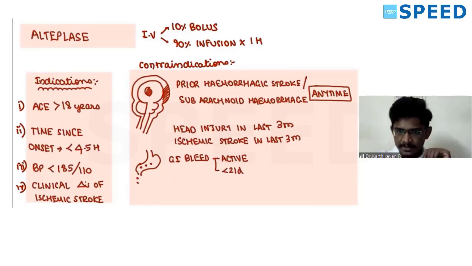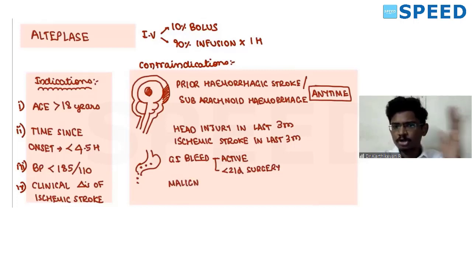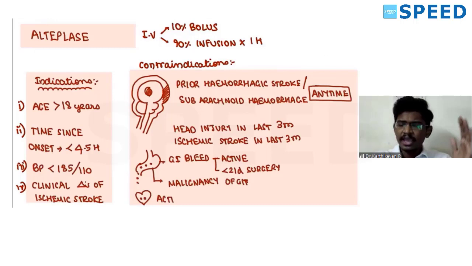Next, any active abdominal bleeding, GI bleeding, like bleeding peptic ulcer, history of melena, all these become a contraindication for thrombolysis, and this active peptic ulcer bleeding should be less than 21 days. Also, any patient who has undergone a surgery in the last 21 days, that also becomes a contraindication.